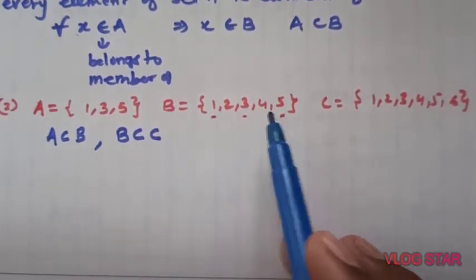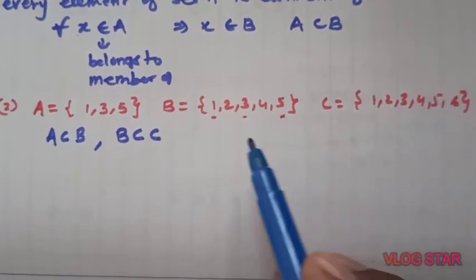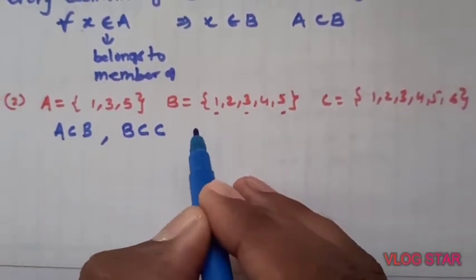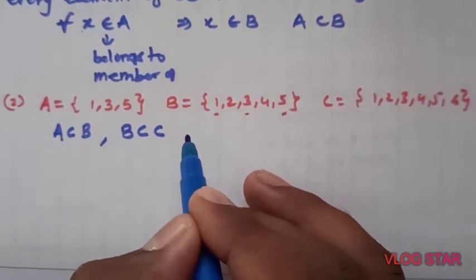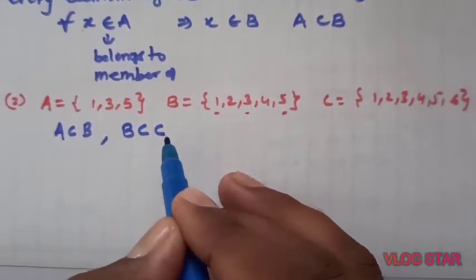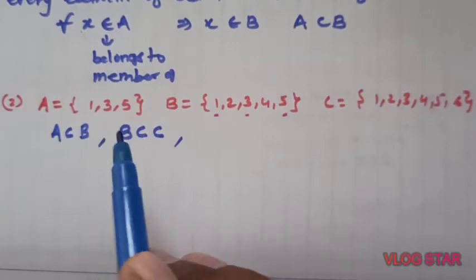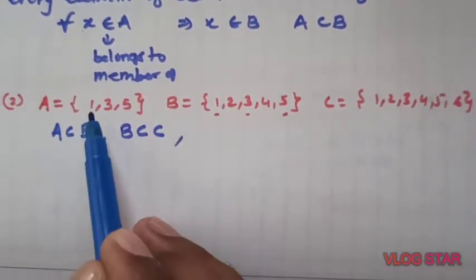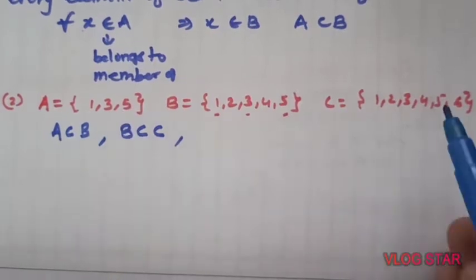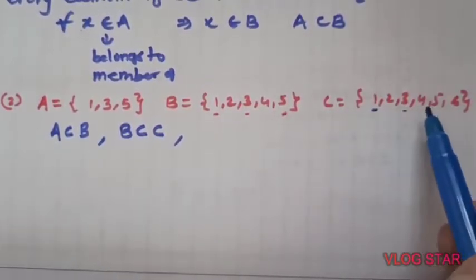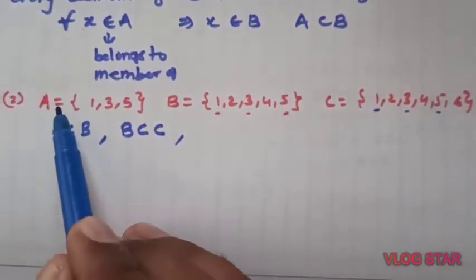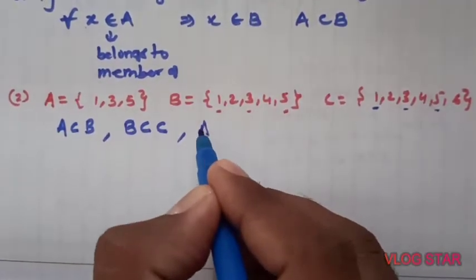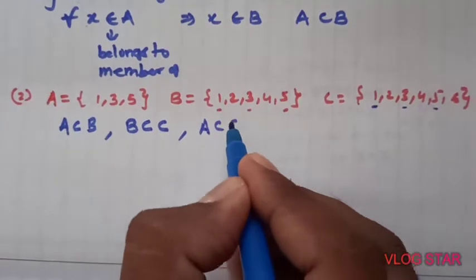Every element of B is an element of C. All the members here are in C. So it is easy to say that B is a subset of C. Now, whether A is a subset of C: what are the members of A? 1, 3, 5, and here I have 1, 3, 5. So each element of set A is an element of C. So that's why A is a subset of C.